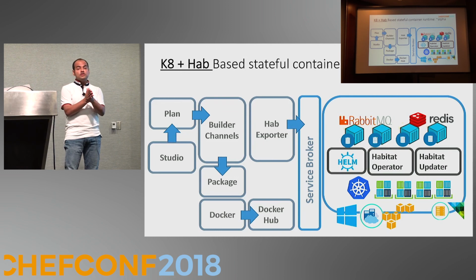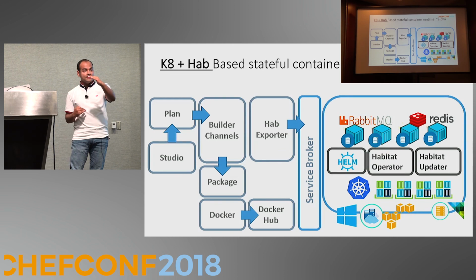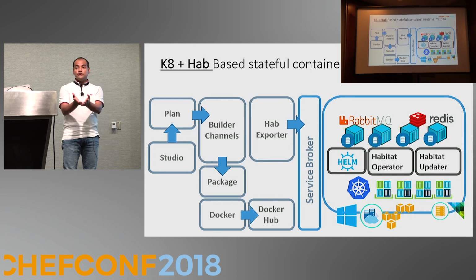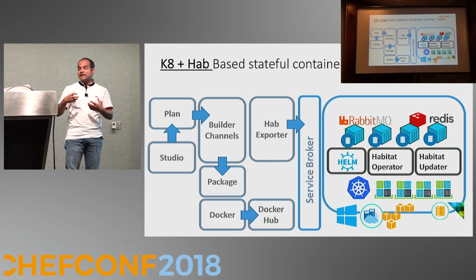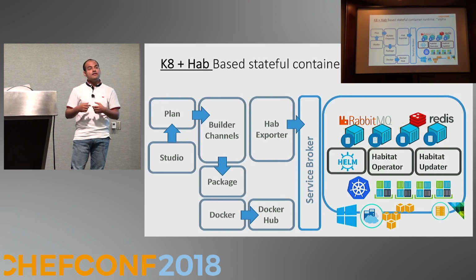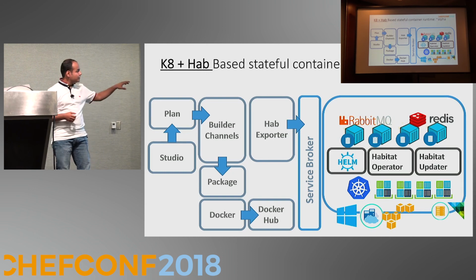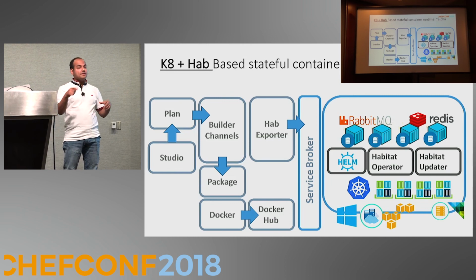From there, you can either use the Habitat exporter to export into the Kubernetes format, or you can do it yourself, with the desired state, and give it to Kubernetes, and the Habitat operator will make it run for you on Kubernetes. Whenever you want to push another update, the new component called Habitat updater can make that update happen. So that's how we think all of these pieces are going to come together.